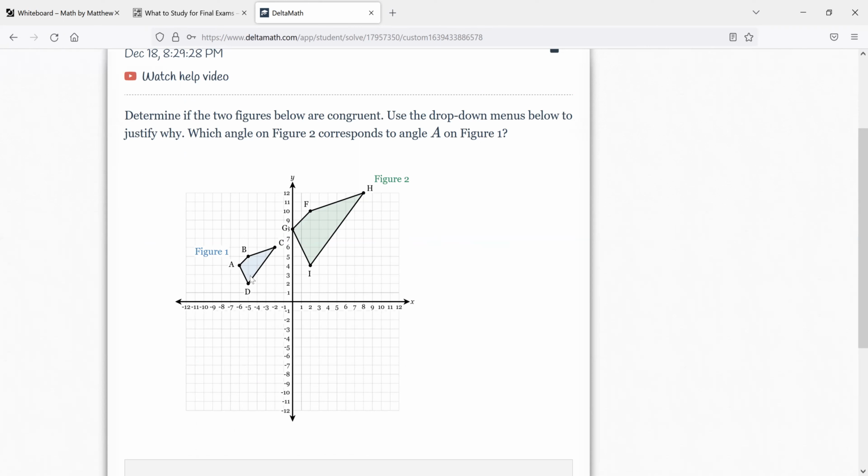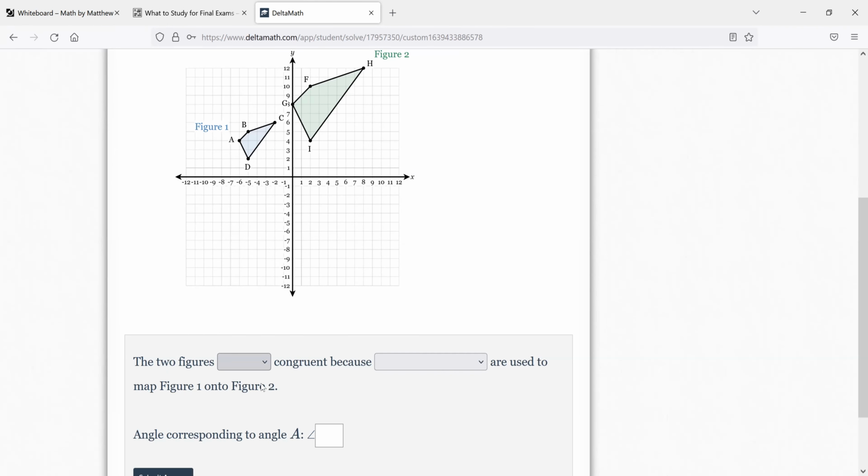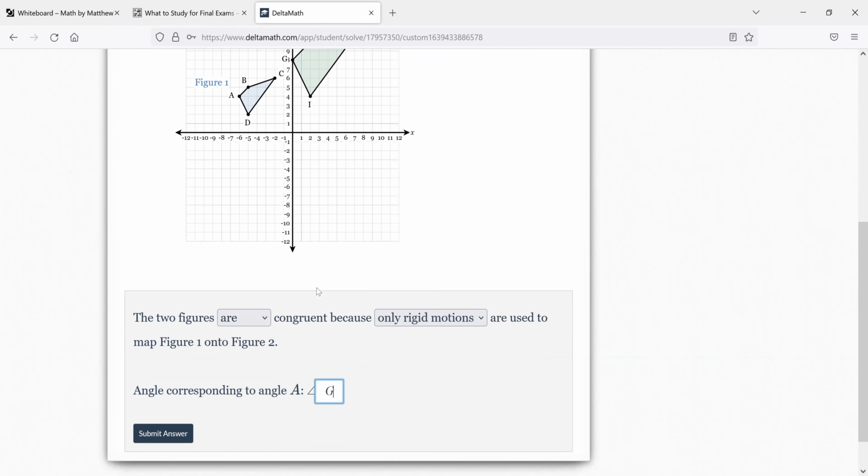Hopefully you can see that D is like I, and A is like G, and B is like F, and C is like H. So the two figures are, oh, they're asking if they're congruent. They sure look congruent because only rigid motions. That sounds reasonable. And then A corresponds to, we already said that it corresponds to G. Something like that.